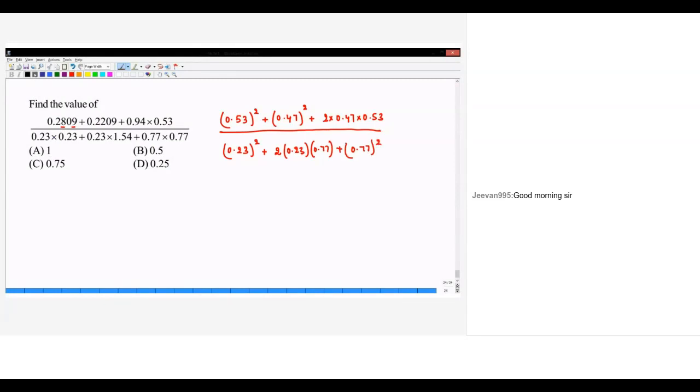Tell me, it is in the formula a square plus b square plus 2ab. And what is a plus b here? 0.53 plus 0.47. Numerator also becomes 1. Denominator also becomes 1. Therefore 1 by 1.